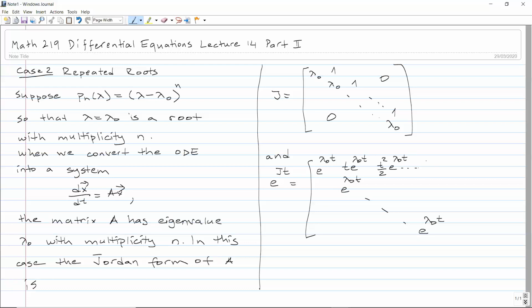And the last one is t to the power n minus 1 divided by n minus 1 factorial times e to the lambda 0 t.